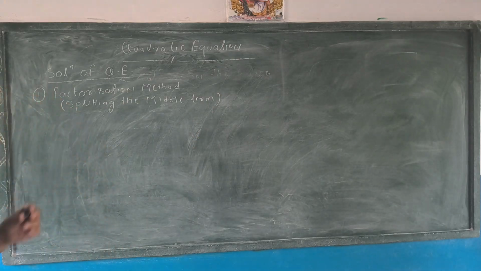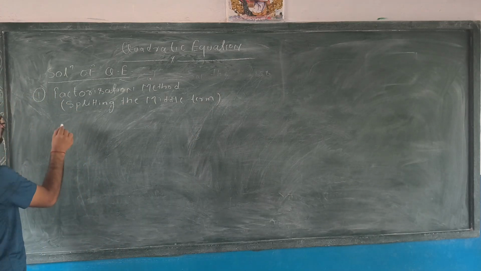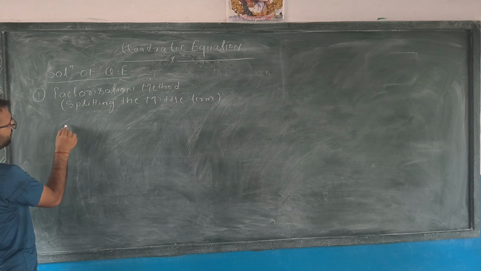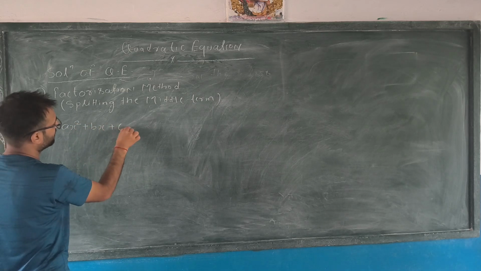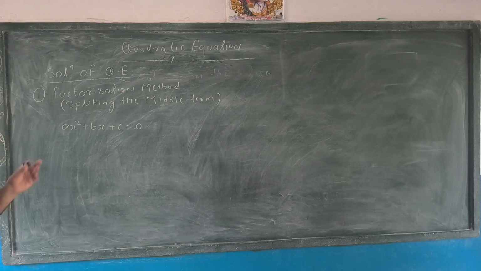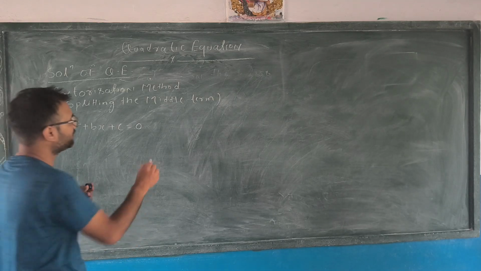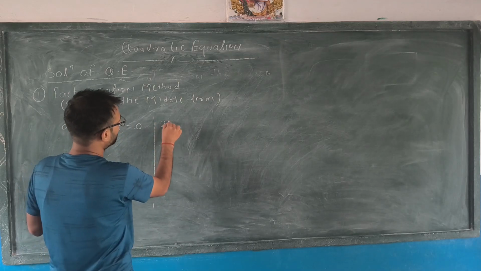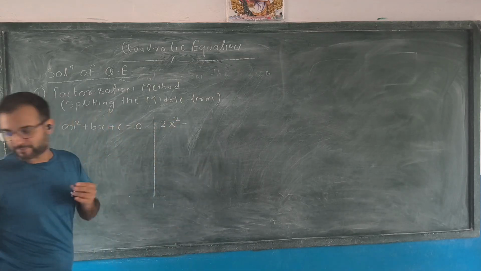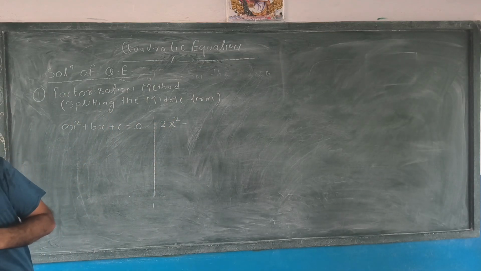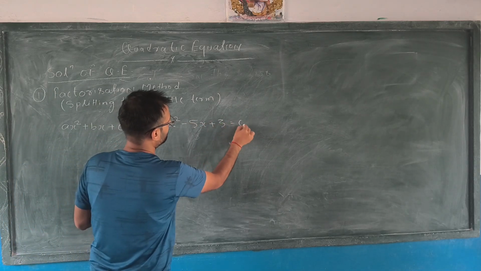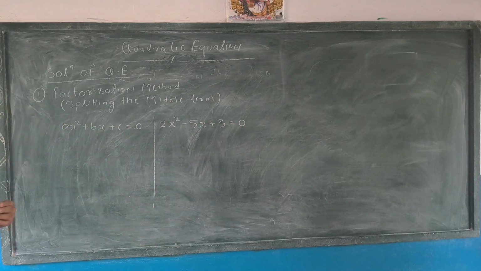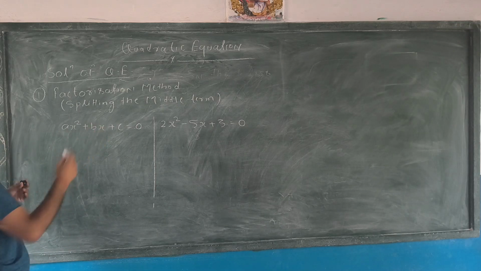The name itself suggests the concept. The general quadratic equation is ax square plus bx plus c equal to 0. Along with this, we take an example, 2x square minus 5x plus 3. In this method, we find the factors.